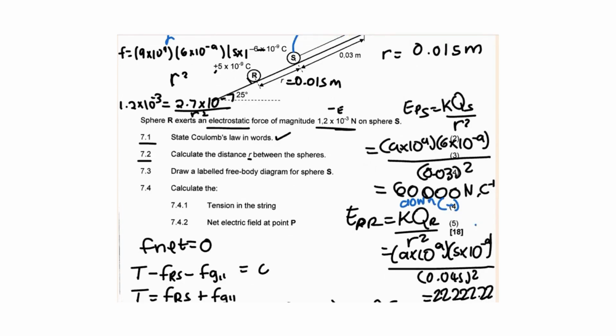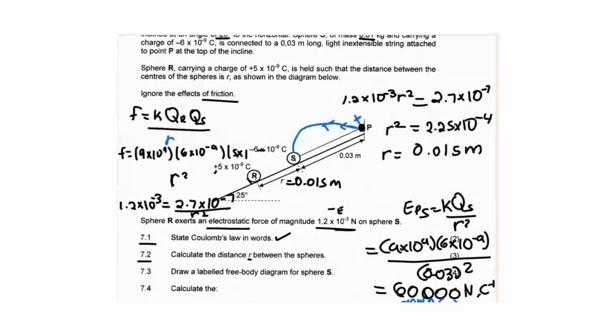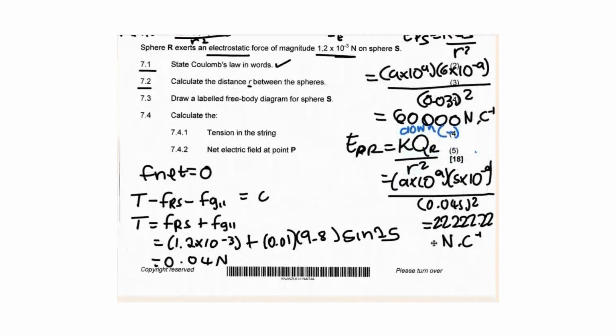And then for your EPR, because between R and P they are both positive, we expect repulsion, so the electric field on P would go away from P. Therefore we're going to say that is upward, and I'm going to give it positive.